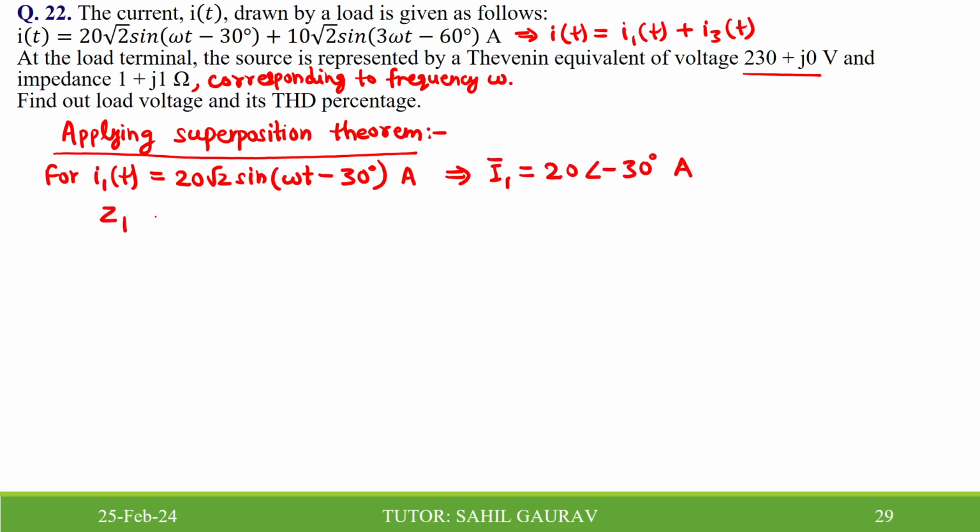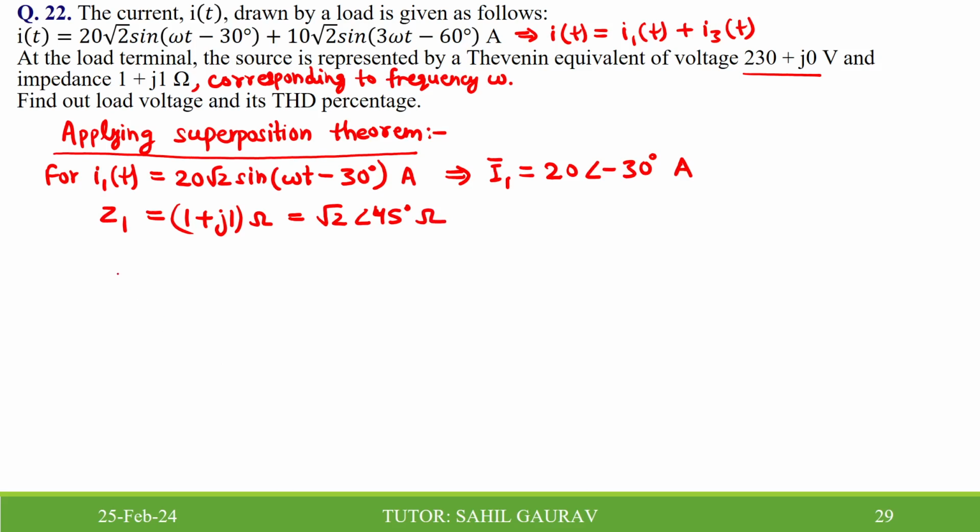And let us take Z1 with respect to fundamental frequency. So Z1 is 1 plus J1 ohm, so you will get root 2 at the angle of 45 degree ohm.